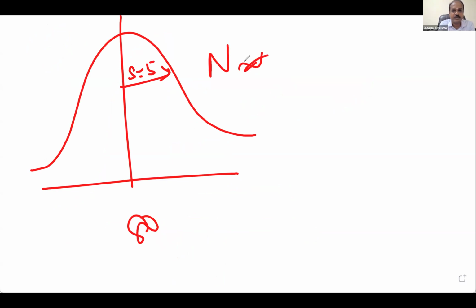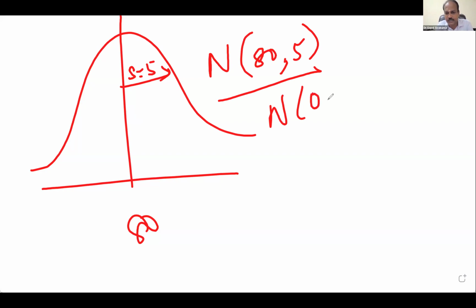This is normally written as normal distribution with 80, 5. When I write like this, it represents a normal distribution with average of 80 and standard deviation of 5. Suppose I write like this, it represents a normal distribution with average 0, standard deviation 1. Now, this is a case of normal distribution, whereas this is a case of standard normal distribution.